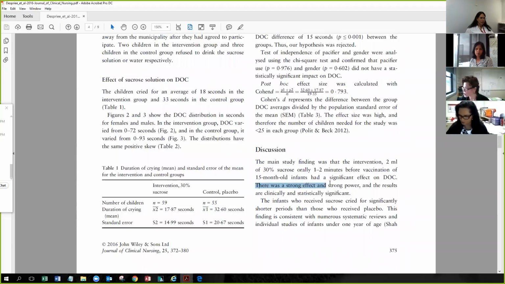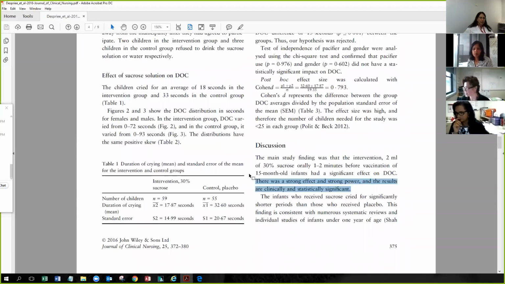Here in the discussion, a strong effect and strong power, and the results are clinically and statistically significant. Can that also be counted as result, Shija? Yes, they can. But that's actually in the discussion part, close to the top of the discussion part. Further on in the discussion part, there's a little bit more.